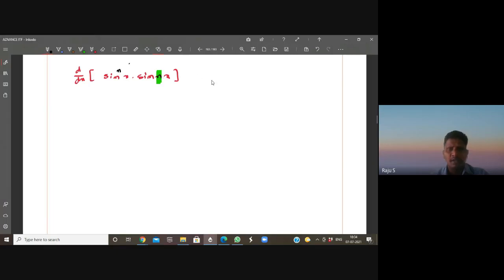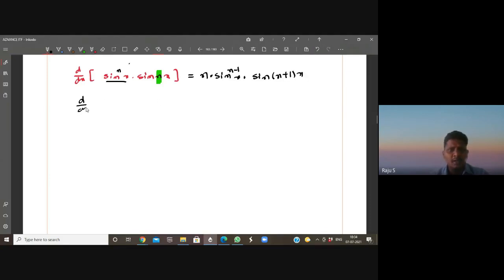In this case the answer will be n sine power n minus 1 x into sine of n plus 1 into x.